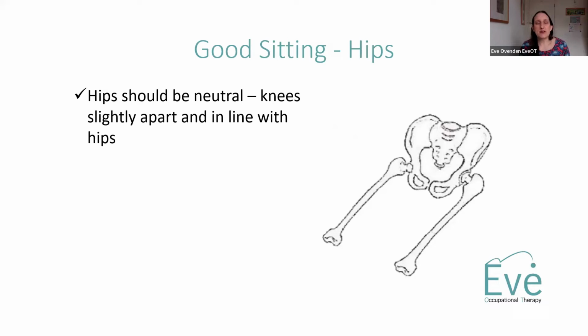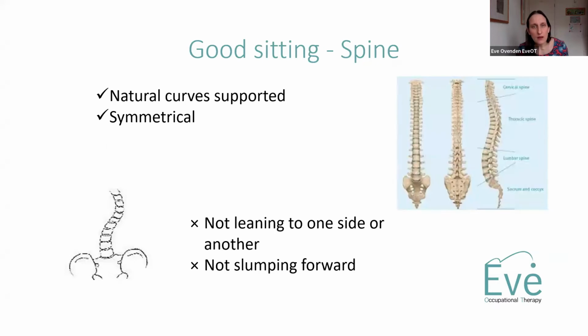And this is what we want to achieve, but we need to take into account any child's fixed deformities or contractures, and get as close as we can to this whilst maintaining that comfort and the skin integrity, and their function.